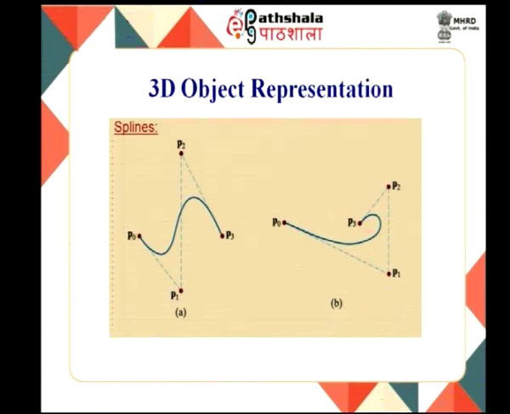There is another example shown here which has 4 control points again, P0, P1, P2, P3, and these control points are given a serial sequence number, and as you can see the spline curve follows that order. So order is very important. When we place points, we should mention the sequence that the spline curve should take, whether it is an interpolating spline curve or an approximating spline curve.